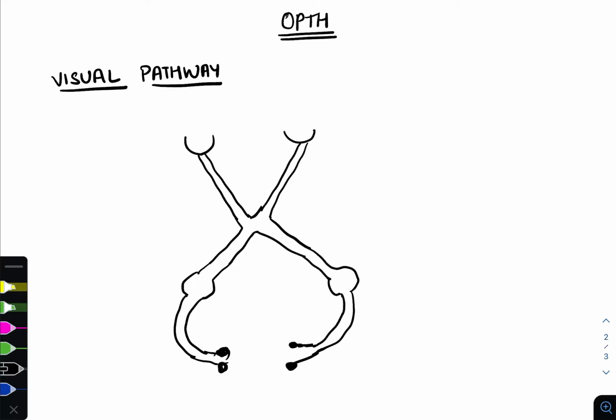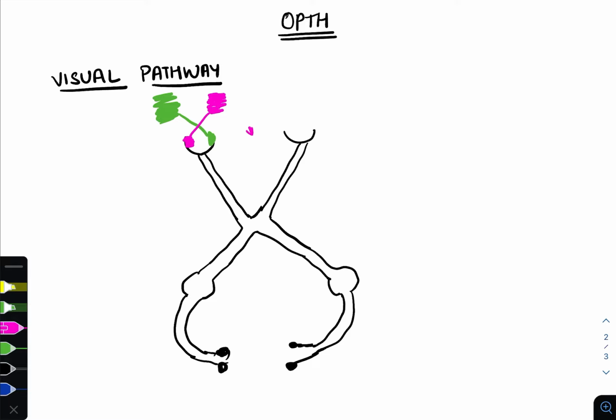Now if we think about the fields, everything we see on our temporal side is a field that falls on our nasal retina. So the left visual field is on the nasal retina of the right eye, and the right visual field is on the temporal retina. Here is our nose.